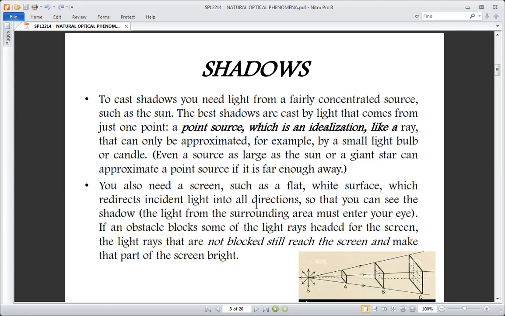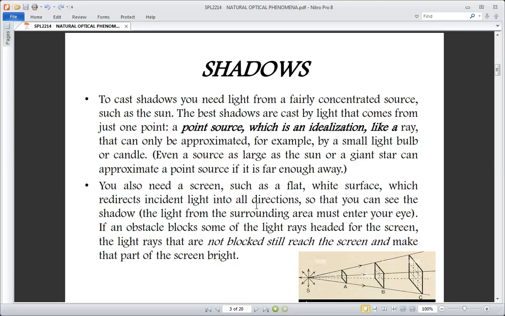So to cast a shadow, you need light from a fairly concentrated source, like a fluorescent bulb, could be the sun. So if you want to have a very sharp shadow, then it must come from one point. And light that comes from a single point is, of course, referred to as a point source.